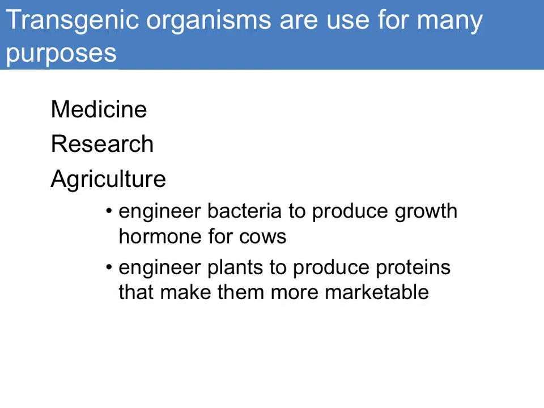Now, transgenic organisms are used for all sorts of stuff: medicine, research, agriculture. You can engineer bacteria to produce a growth hormone for cows that makes them produce more milk.